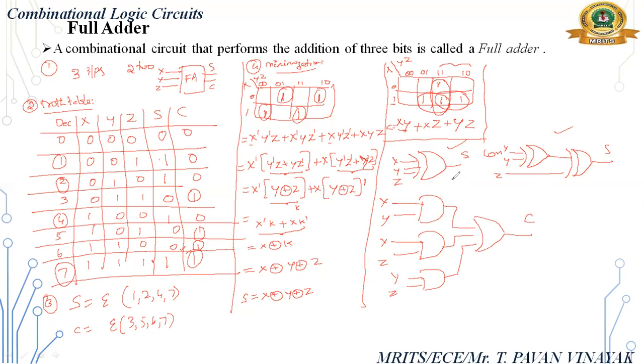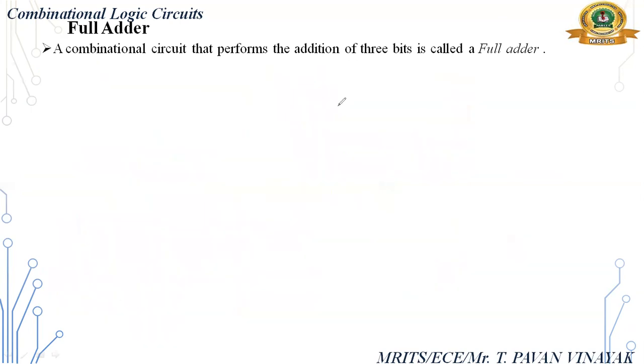Using NAND, try yourself. Before using NAND, I am saying one more thing. Have you observed this? Have you understood this up to here? Okay. Now see, while performing 3-bit addition, 1 plus 1 plus 1. What is this one? 2-bit addition, right?